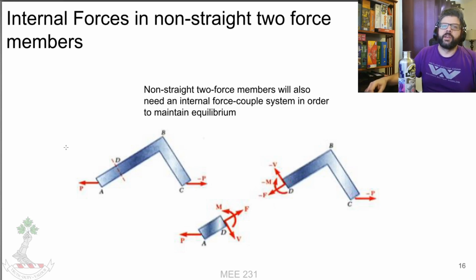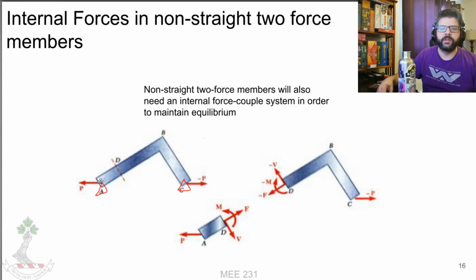And non-straight two-force members. Again, if we have this thing here and it's pinned to something else, it's still a two-force member. A two-force member is defined by its loading conditions. So if it is just pinned at two ends, it's a two-force member, no matter what.